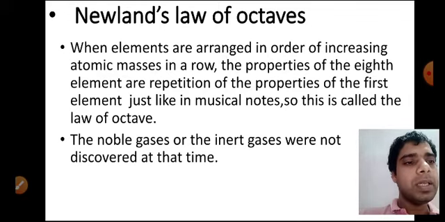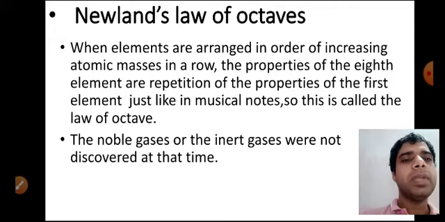Again, the increasing atomic mass. You have to remember this in this chapter. You should understand what the basis of each law was. In some laws the basis was atomic number, but here, as with Döbereiner's triads and Newlands' law of octaves, the basis is increasing order of atomic masses.